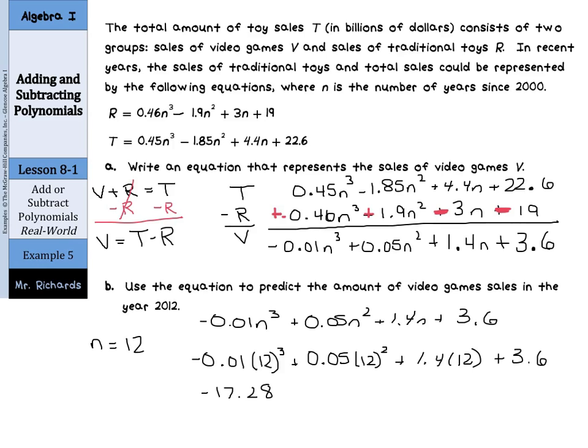And 12 squared is 144 times 5 hundredths is a positive 7 2/10. 1 4/10 times 12 is 16 8/10, and then we have our 3 6/10. And as I add these numbers up, we have 10 32 hundredths, and this is billions of dollars.